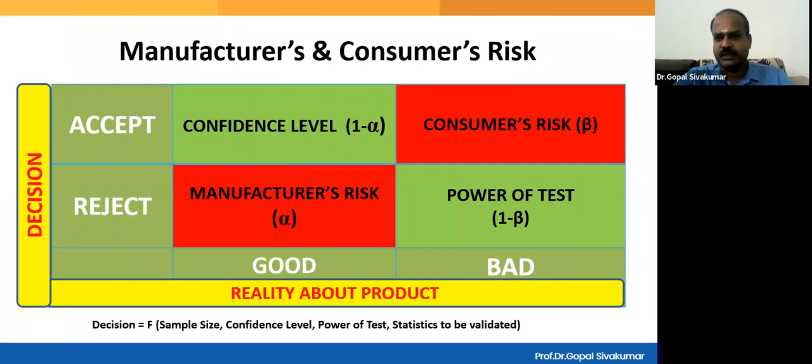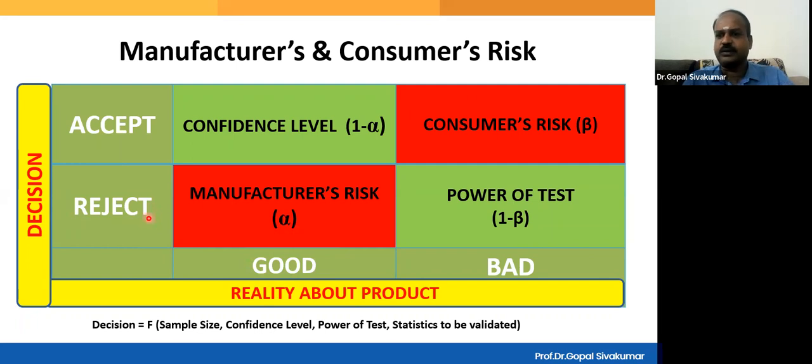So in a manufacturing environment, let us say the products you produce are really good, but your quality inspectors check all your good product, and then they reject them. Your product is good, but your quality inspectors check the product, and then consider those products as bad, and then they reject.